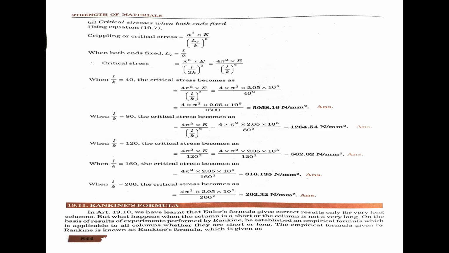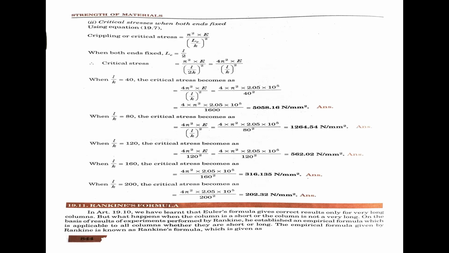On the basis of results of experiments performed by Rankine, he established an empirical formula which is applicable to all columns, whether they are short or long. The empirical formula given by Rankine is known as Rankine's formula.